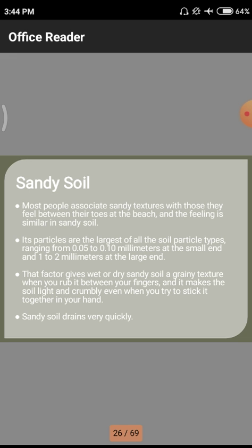Next, the factor that gives wet or dry sandy soils a gritty texture when we rub them between two fingers, and it makes the soil light and crumbly even when you try to stick it together in your hand.